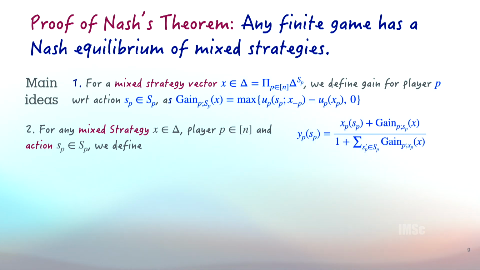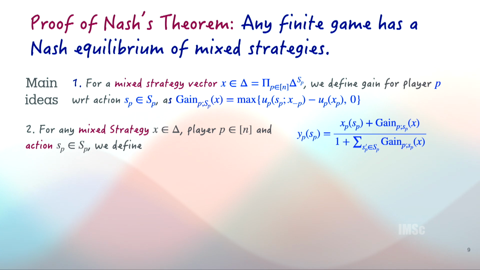I am perturbing this by this gain value. Gain applied to x for this particular player and this particular action sp, and I am normalizing it by this quantity, 1 plus the summation of all the gain quantities for this player P. So, this summation is over the entire action space of this player P.